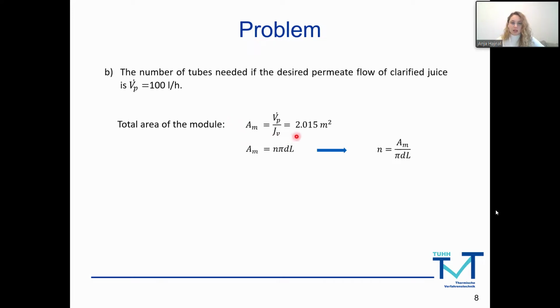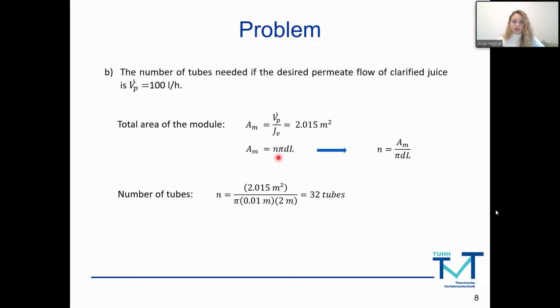Now this A_M is the area of the module, so the total area of all our tubes. And to calculate the area of one tube, we need to divide this by the area per tube.